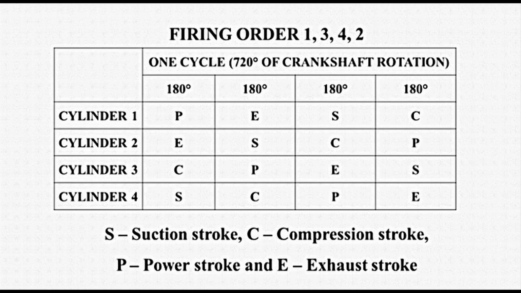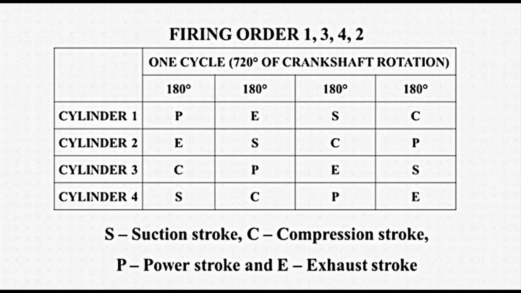Each column represents a stroke in the cycle. These are represented in the second, third, fourth and fifth columns of the table. The first column represents the 4 cylinders. Different processes occurring in a cylinder have been shown in rows.